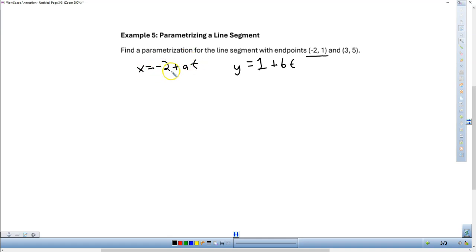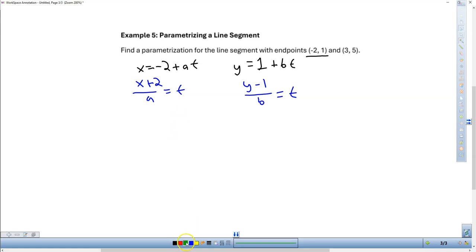So if we take this x equation, let's solve that one for t. We can, of course, add 2 to both sides and divide by a. So I get x plus 2 over a is equal to t. And if I do the same thing here, I'm going to minus 1 and divide by b. So y minus 1 over b is equal to t. And since I know these both equal t now, I can set these two equations equal to one another.